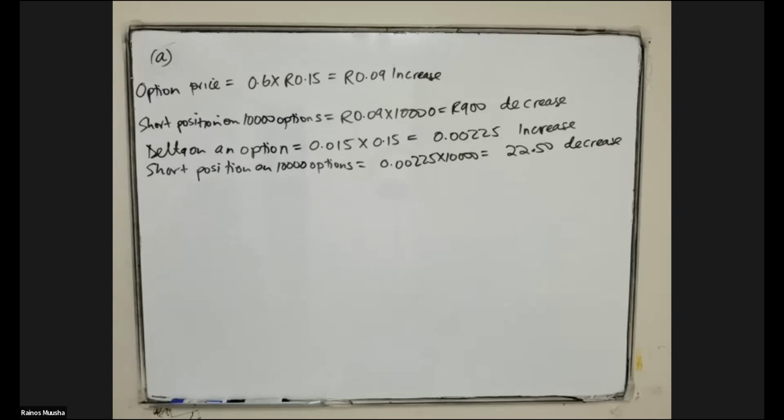So if the option price increases and the delta of the option increases as well, the party taking a short position is expected to suffer a loss. So it's always going to be the opposite, because they are the ones underwriting the risk. Are we on the same page? Okay, thank you.